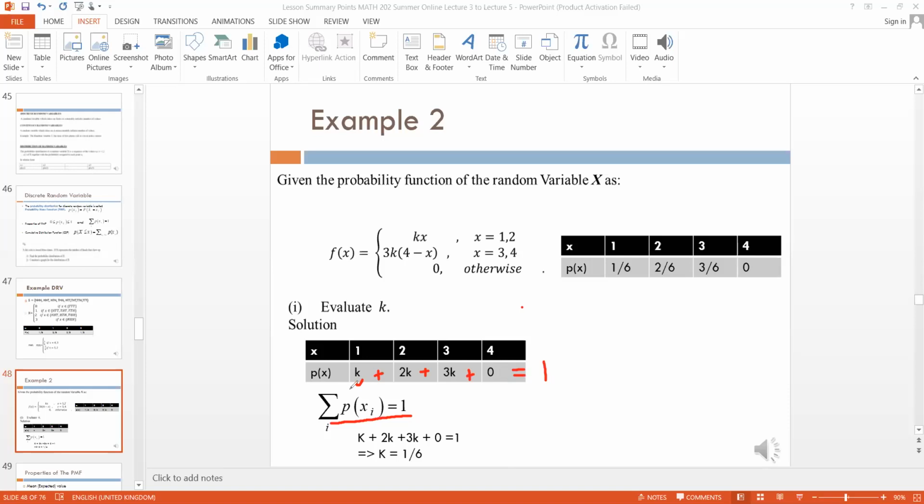So the sum of all the probabilities here should be equal to 1. And when we sum k plus 2k, that's 3k, plus 3k will give us 6k equals 1. And to get your k, you just make k the subject, which will be 1 over 1.